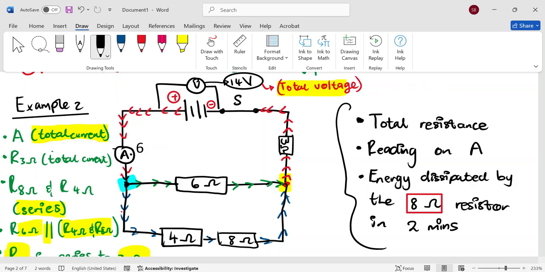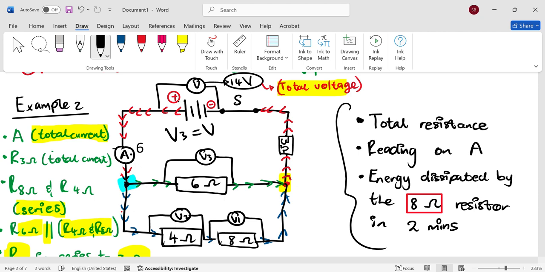If you had to introduce a voltmeter here, say V1, and another voltmeter here, say V2, and another one here, say V3. Do you guys agree with me when I say that V3 is equal to V, which is the total voltage?